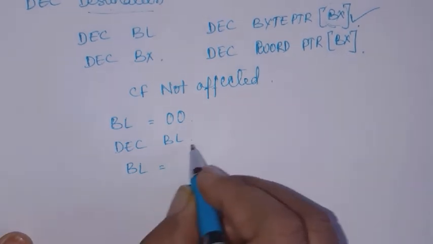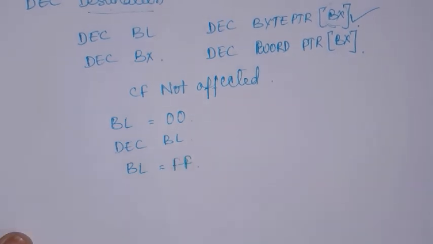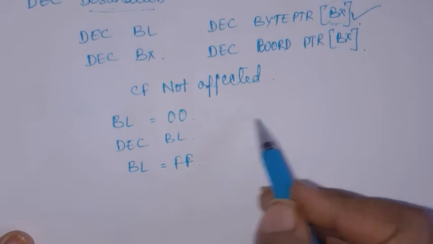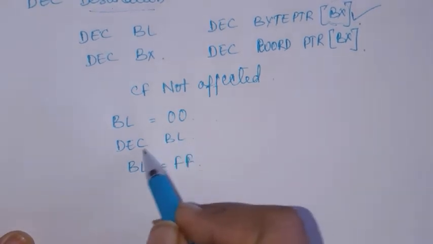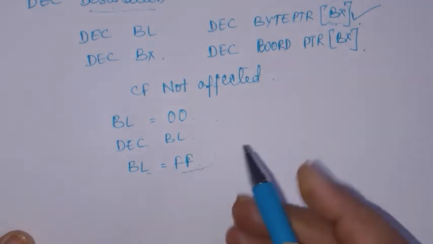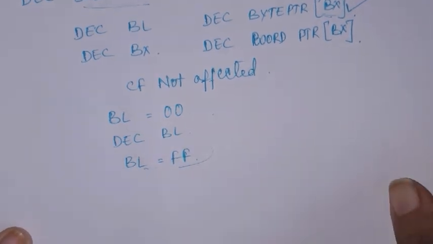It will be FF. In the same way, if it is a word register, 4 zeros you have. If you decrement, you will have 4 Fs. Okay, so this is how this instruction works.